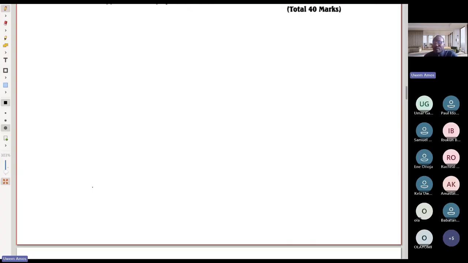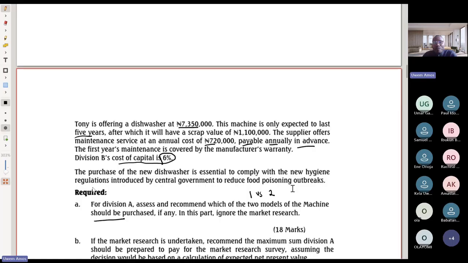So we're in Tony now. Tony is offering the same dishwasher at 7,350 million. So Tony is saying, I'm going to give you at 7,350 million. This machine is only expected to last for 5 years. The other guy is only for 10 years. It's only expected to last for 5 years. So we need to factor that into consideration while comparing it at the end of the day.